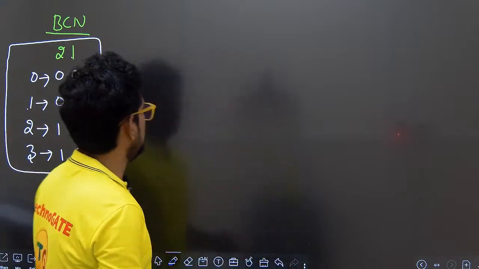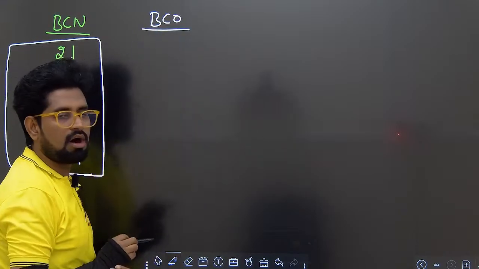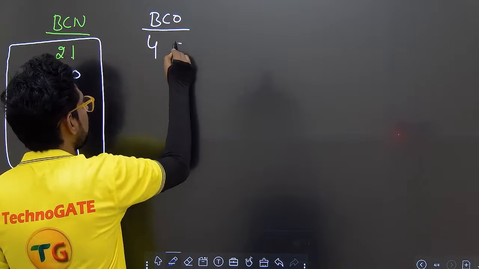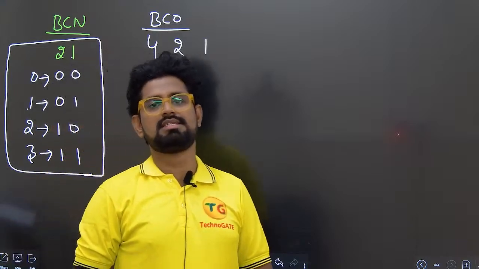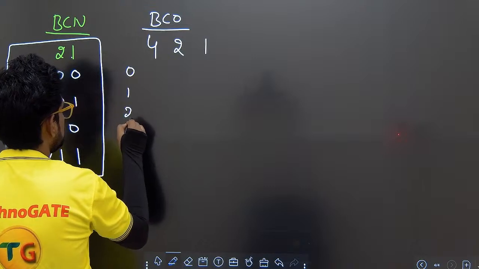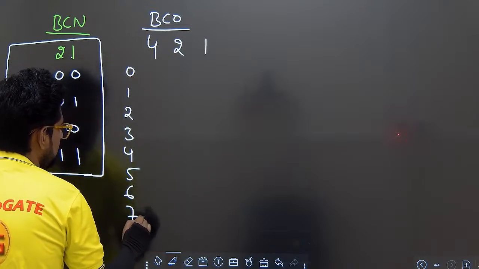And next one, I want to write BCO, binary coded for octal. So I said the code is 4, 2, 1. The maximum symbol that I said here is 7. That means 0, 1, 2, 3, 4, 5, 6, 7.